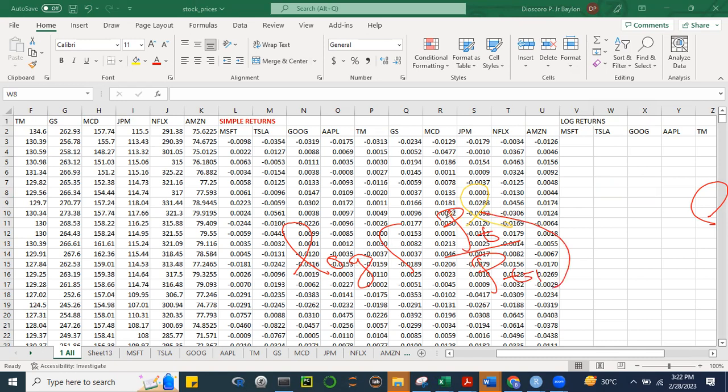Okay, so if you're performing it via log, this is also equivalent to log of price at time t minus log of price at time t minus 1. It's a difference. Kasi by definition, the log of a over b is equal to the log of a minus the log of b.